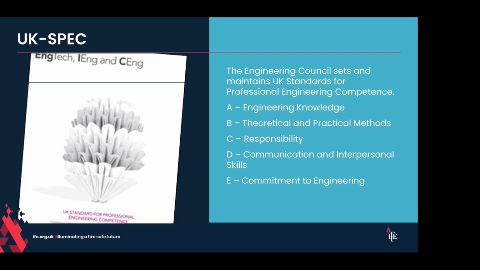They changed this document in the last 18 months to now give examples as well of ways you can do this. And I can't emphasize enough how important it is that you read this document. It will enable you to complete the competencies and explains the steps necessary to achieve professional registration.